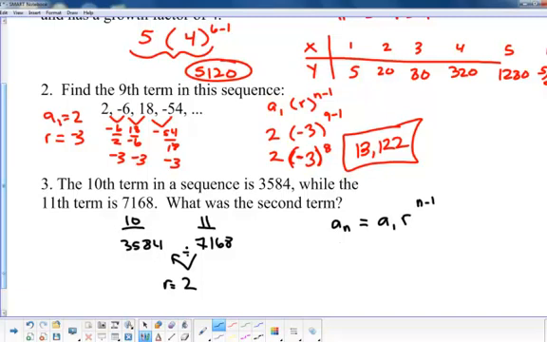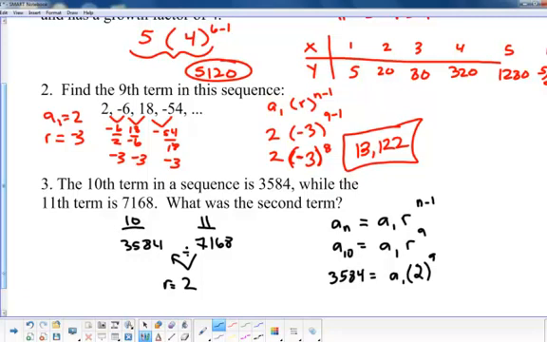We know that our 10th term would be the first term times r to the 9th, because 10 minus 1 is 9. So our 10th term is 3584. We still don't know our a sub 1, but we do know our rate is 2 to the 9th.